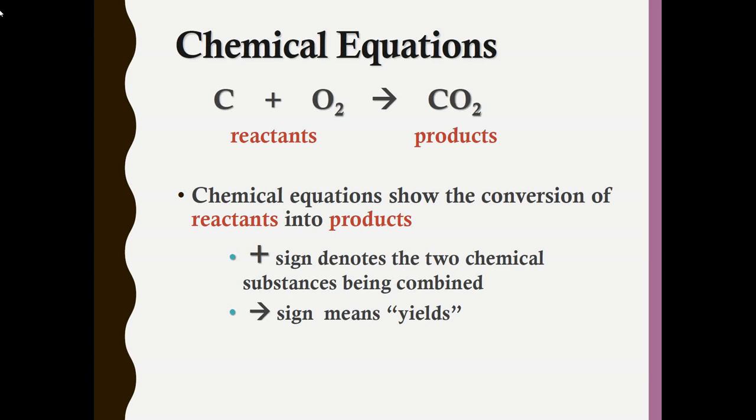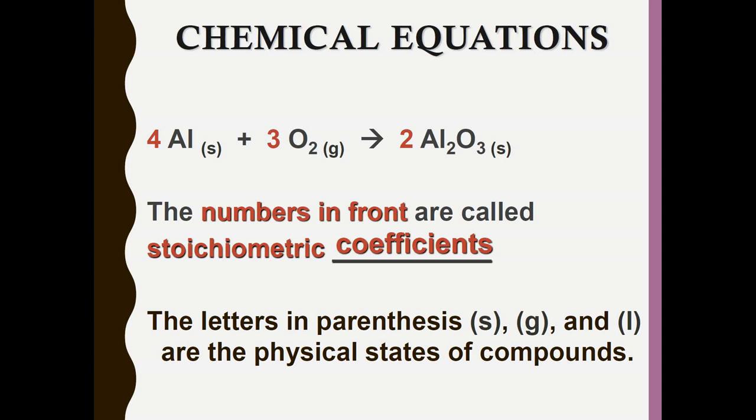The plus sign is going to represent the two chemical substances that are being combined, and the arrow sign is going to represent that it's being formed or yielded. So you can say that the chemical equation is carbon plus oxygen react to yield carbon dioxide. That's how you're supposed to read a chemical equation.